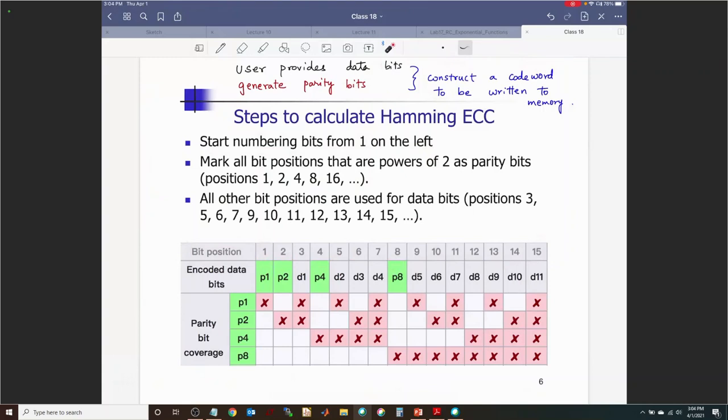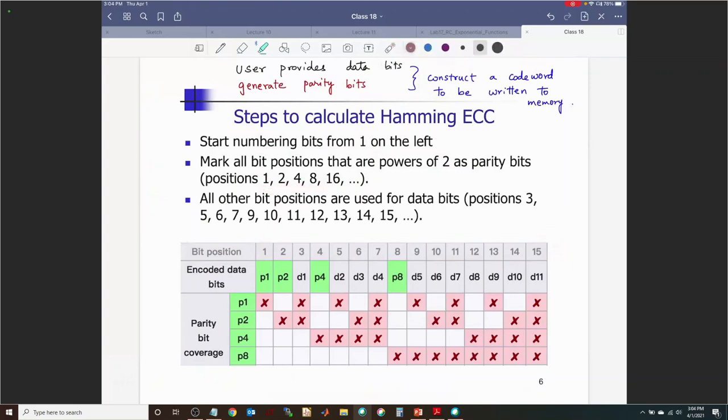Powers of 2, right? So your parity bits, in other words, your redundant bits, are going into locations that are powers of 2. So mark all the bit positions that are powers of 2: 1, 2, 4, 8, 16, and so on. In our case, we don't even need 16 because there's no 16th bit here. Only 4 of them for us, right?